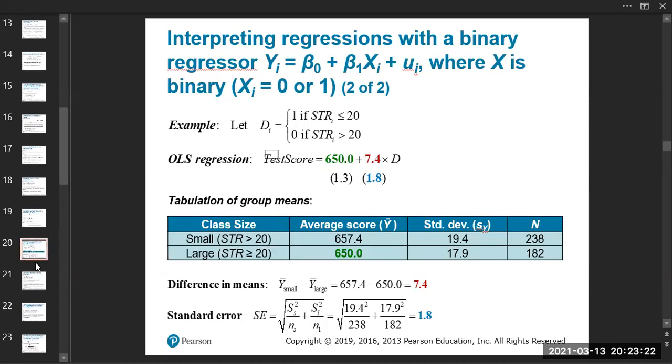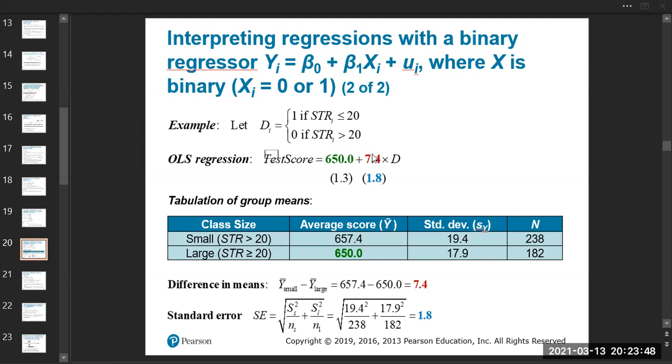Okay, this is the last two slides. So how do we interpret it? Let's say we have a binary variable d, that when d equals 1, STR is smaller or equal to 20. Then that means that d equals 1, it's a small class. When d equals 0, it's large class.